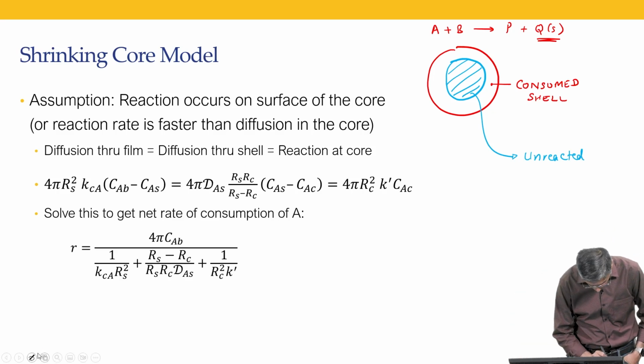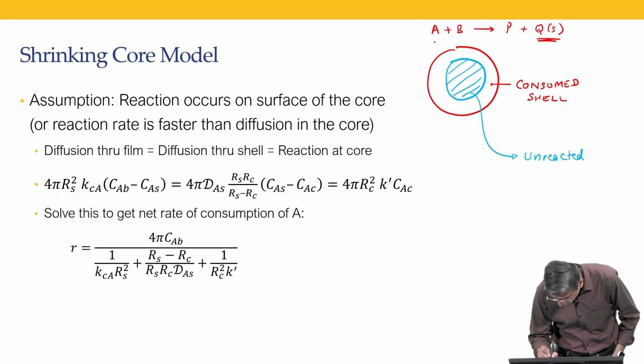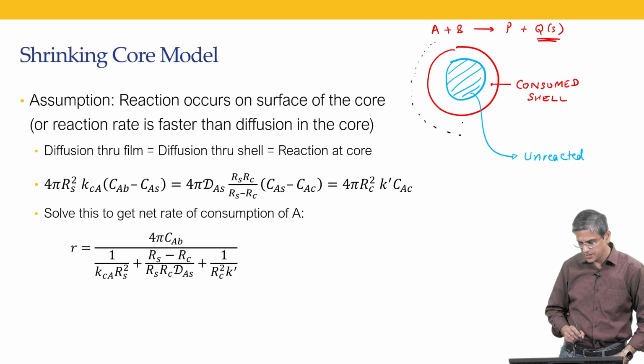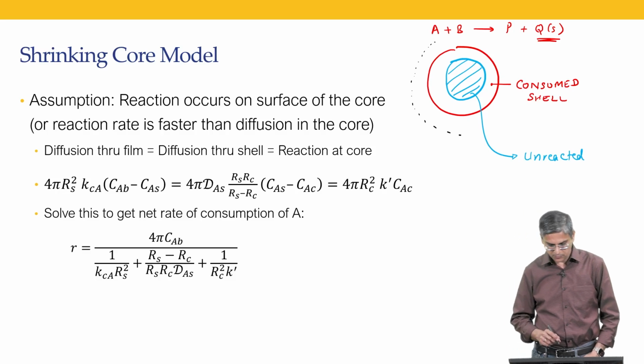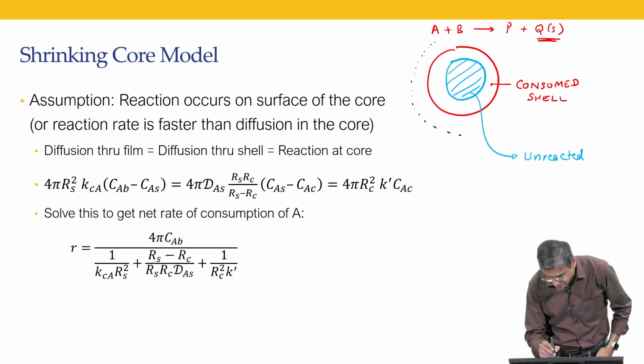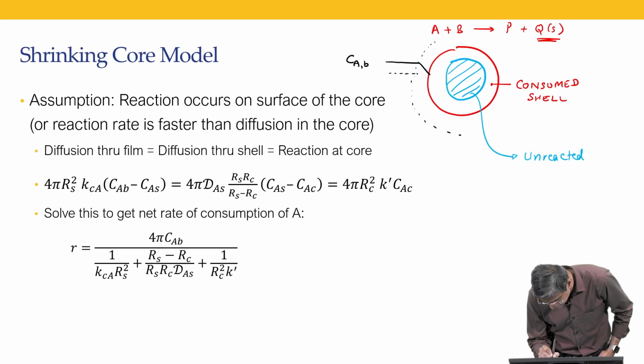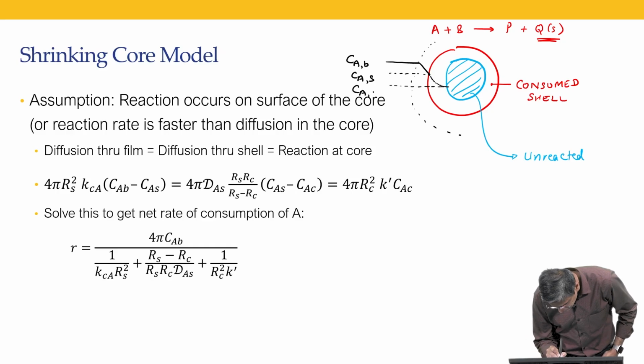Okay. So, what the problem is going to constitute is, let us say there was external diffusion resistance and there was mass transfer through the shell and then reaction taking place on the surface of the unreacted core, what you are going to have is CAC.